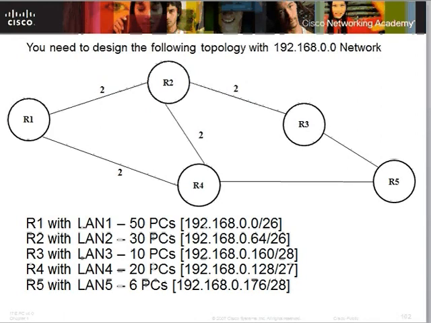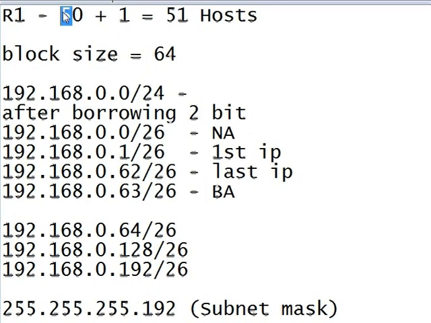Now if it is 31 host, then the block size cannot be 32, because 32 minus 2 is 30 host, but here I require 31 host. So here the block size will be 64.